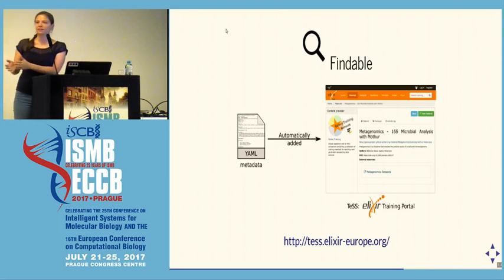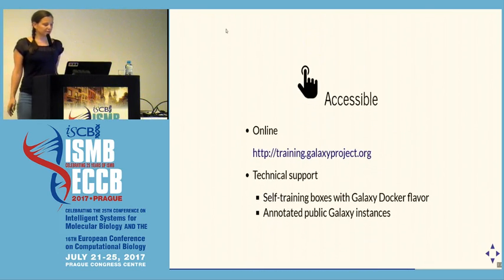So you can easily find every tutorial of the Galaxy training materials on TeSS. For accessibility, all the training materials are accessible online at this URL. You don't have to register. You can use it as it is for training for yourself, but also for workshops. We have self-training boxes with Galaxy Docker flavors, and we annotate public Galaxy instances to say where you can run each tutorial.